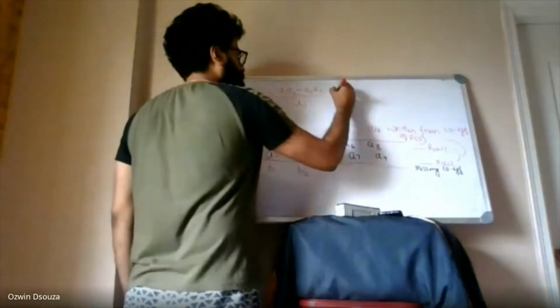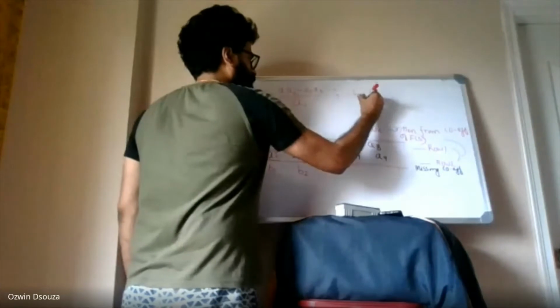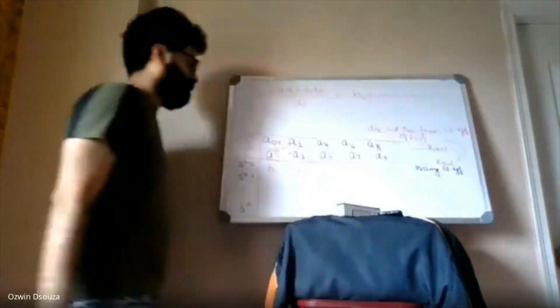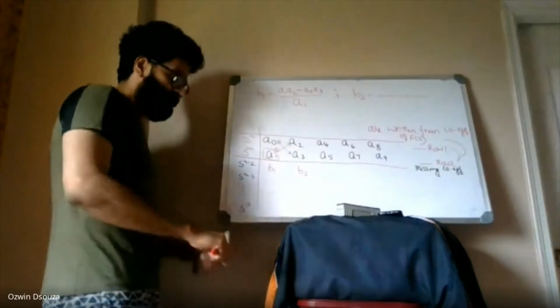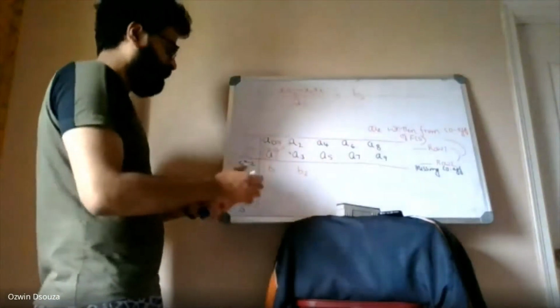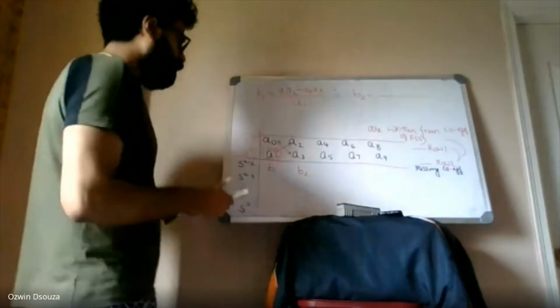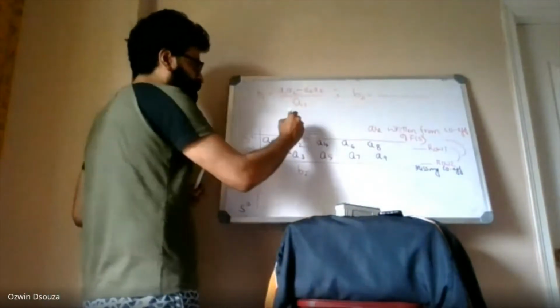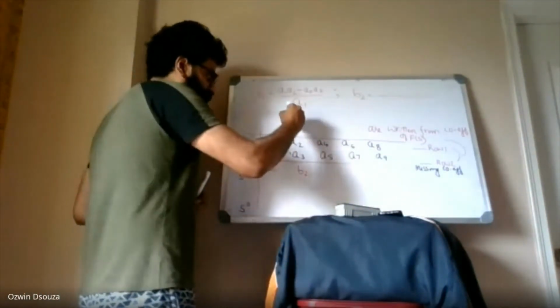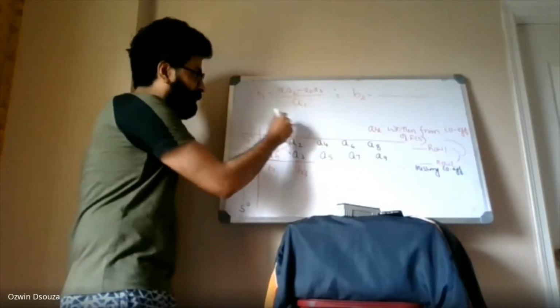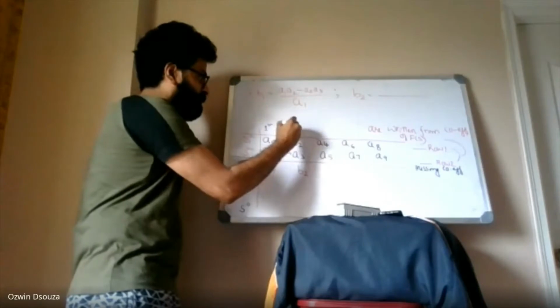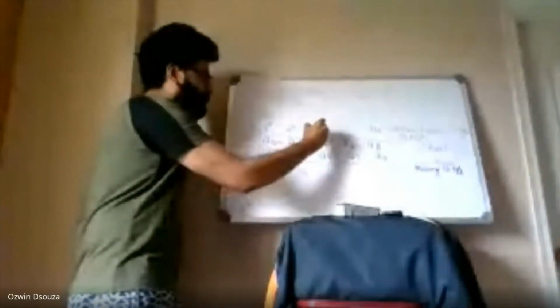Similarly, element B2 is formed. Now, how will you find B2? The same technique you can apply. B2 is found in the second column, right? This is your first column, and this is your second column, and this is your third column.